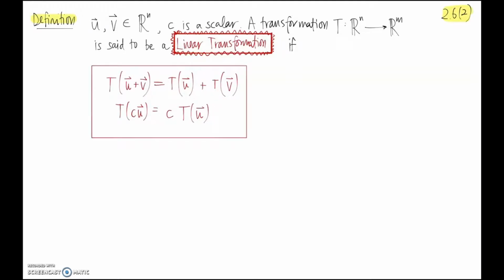And one reason we're interested in these two special abilities is because, if a transformation follows these rules, then it will preserve the vector space structure.